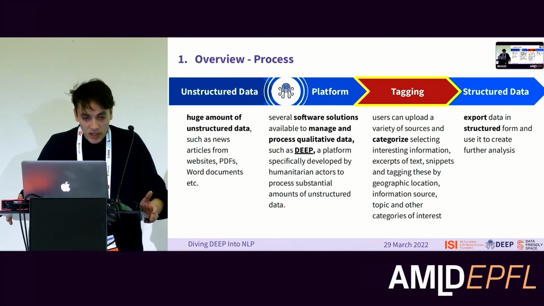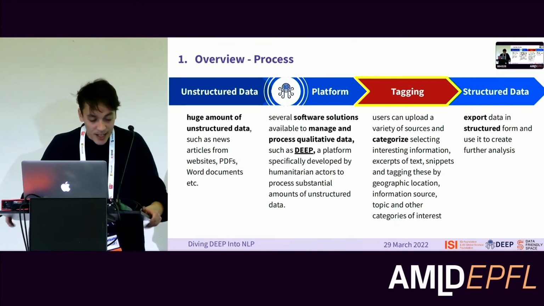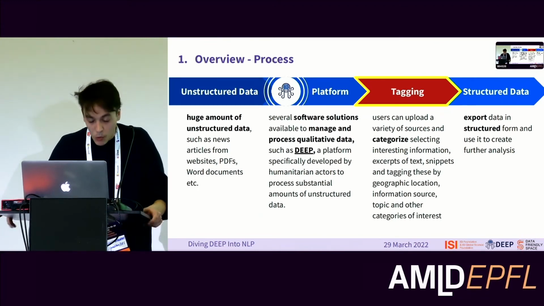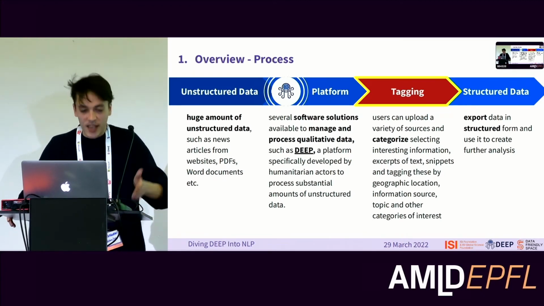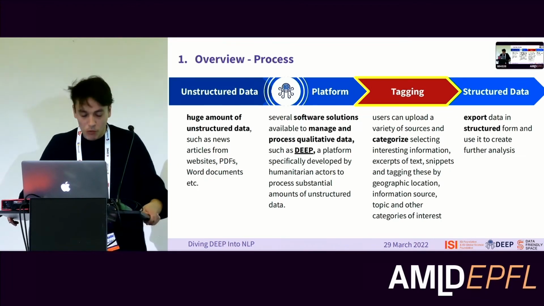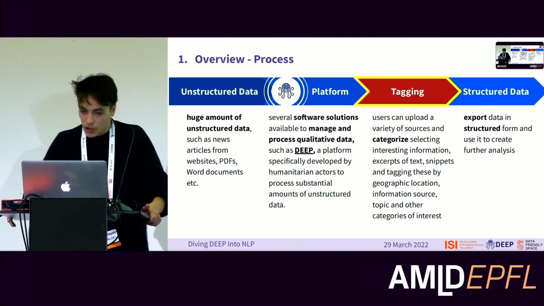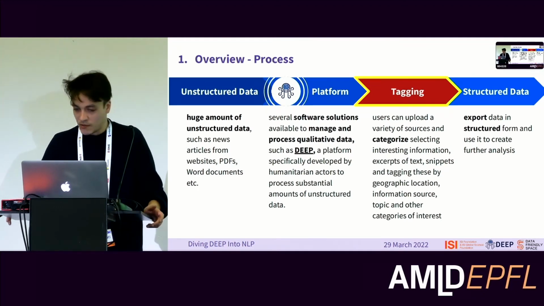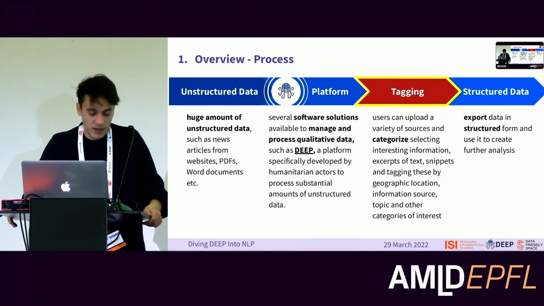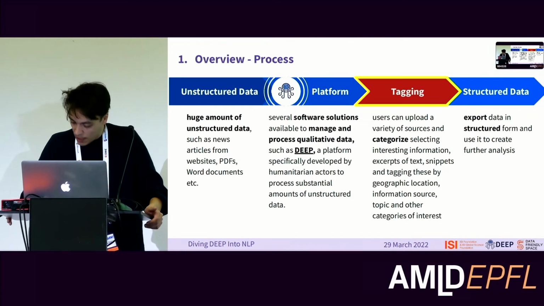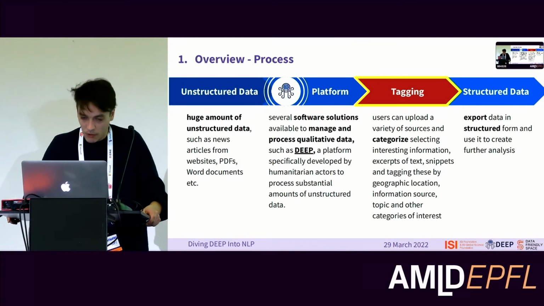So the starting point, as we said, is a lot of data, mostly qualitative data. It's of an unstructured type, like PDFs, websites, reports, Word documents, etc. There are some software solutions available to manage and process qualitative data in the humanitarian sector, and one of them is DEEP, a platform developed by four humanitarian actors to process huge amounts of unstructured data.